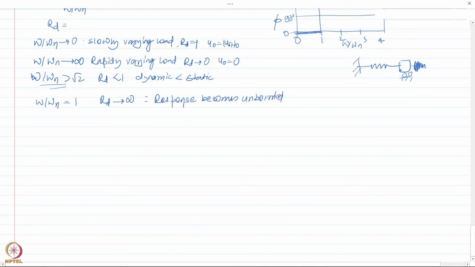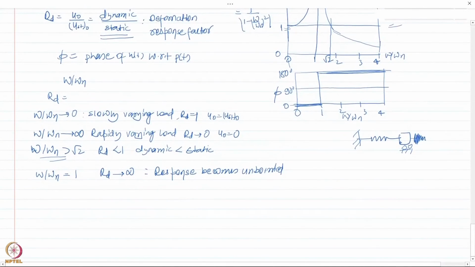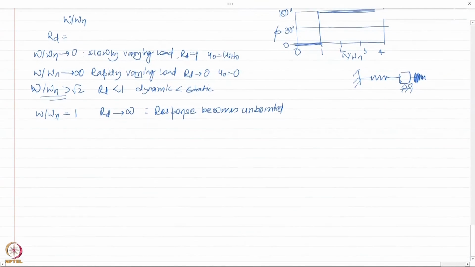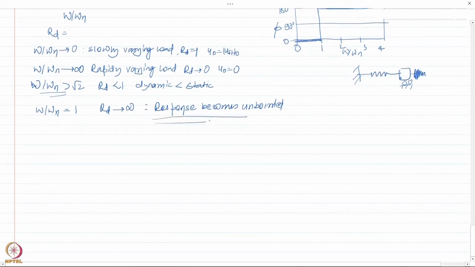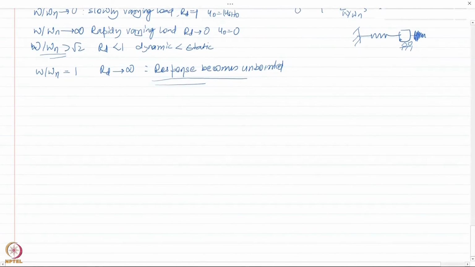All right, so these are the four typical cases which you might experience in real life, based on how the frequency of the applied force varies with respect to the frequency of the system, and that decides the response of the system. Now we talked about the case when omega by omega n is equal to 1, where the response becomes unbounded. We are now going to define the applied frequency, which is called the resonant frequency.